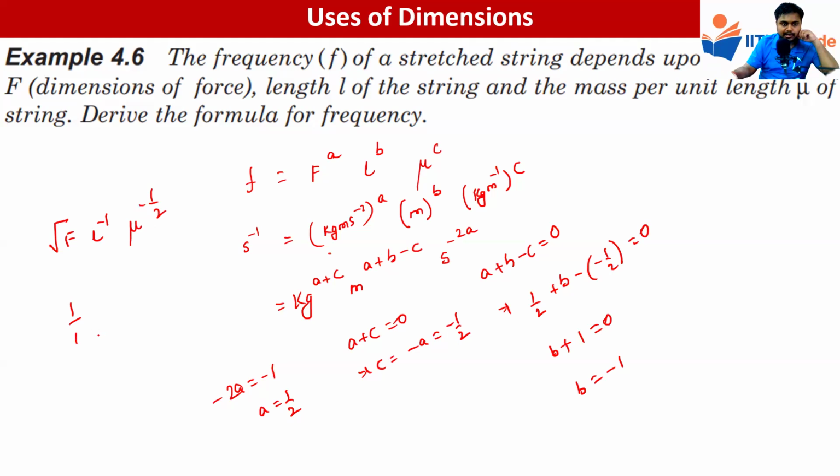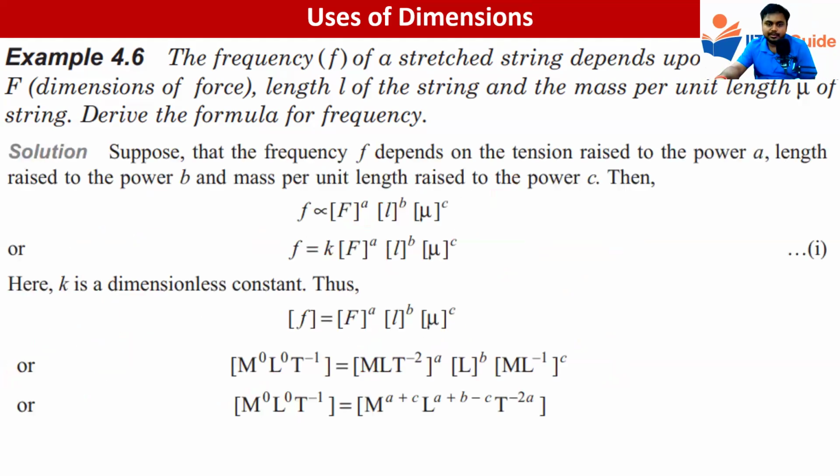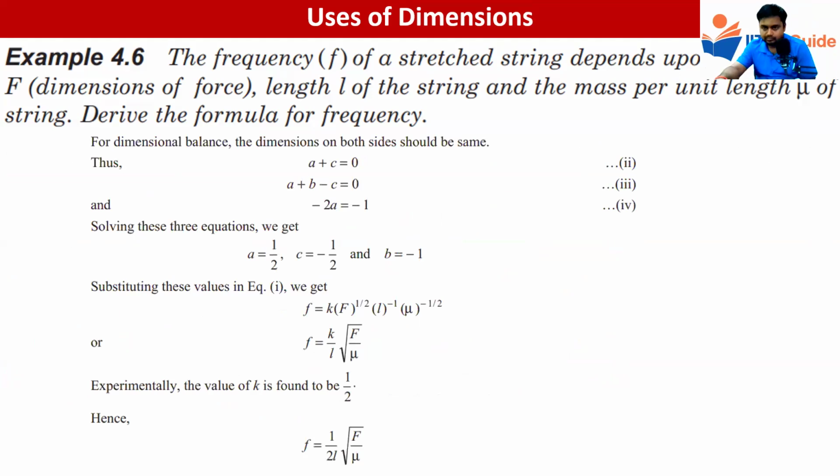So 1 by L root F by mu, and I'm writing here K as the proportionality constant. So this is the frequency: K by L root F by mu.